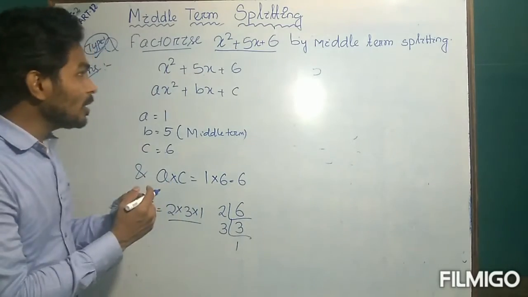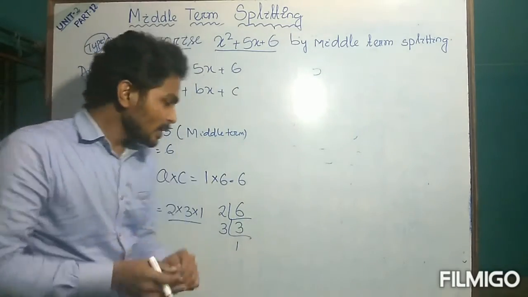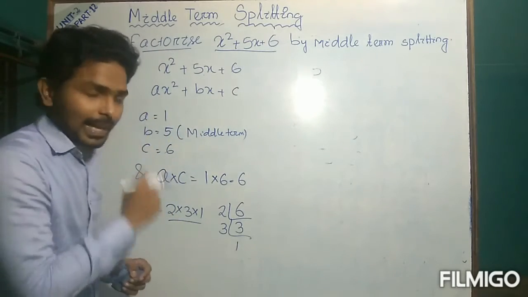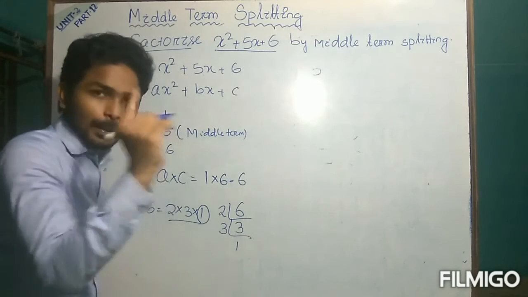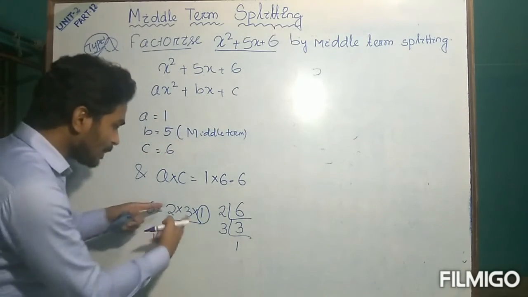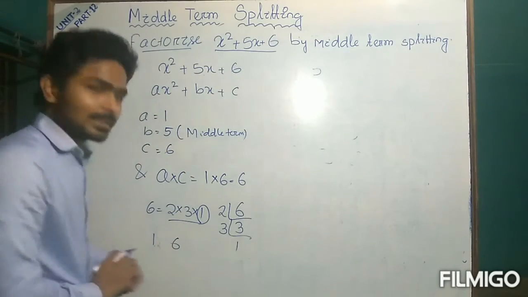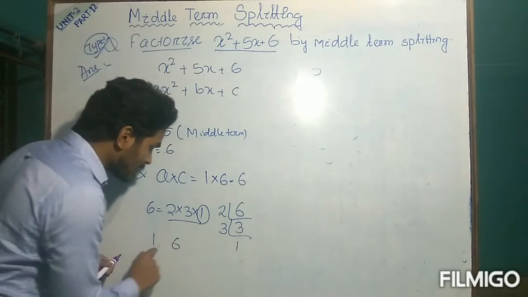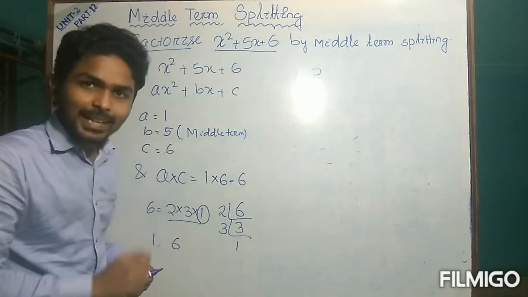Now we have to break 5 into 2 parts or 2 numbers. So we have to choose 2 numbers, or a pair. Suppose I am taking 1 as a number. Now the remaining part is 2 into 3, so there is 6. Again, if I am taking 1 as the first number, then the remaining part 2 into 3 will be the second number.